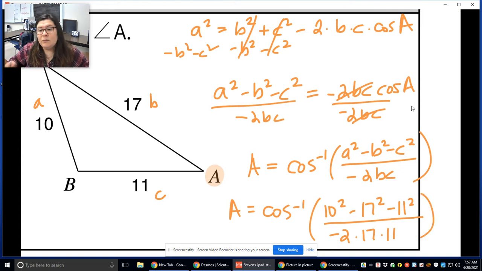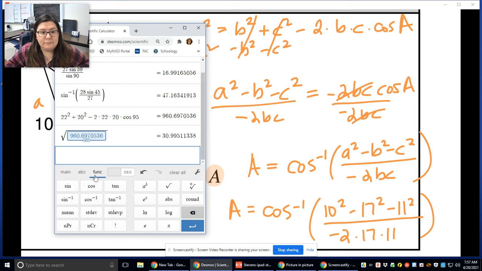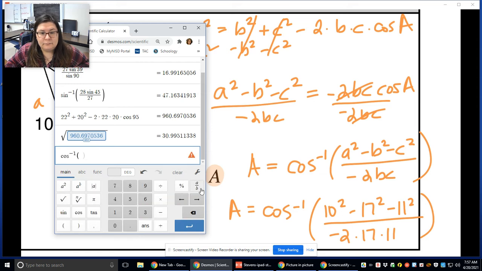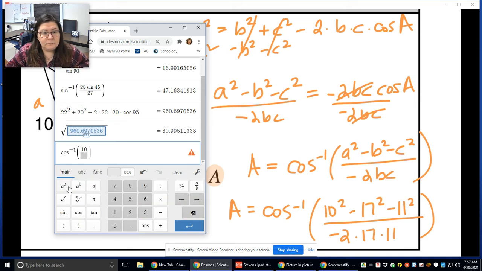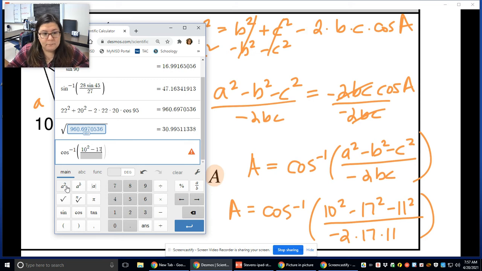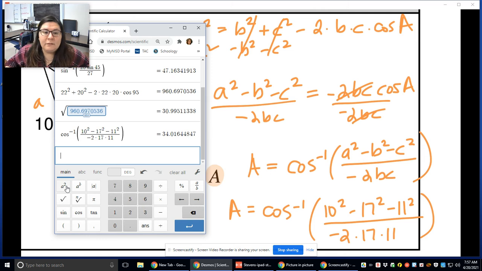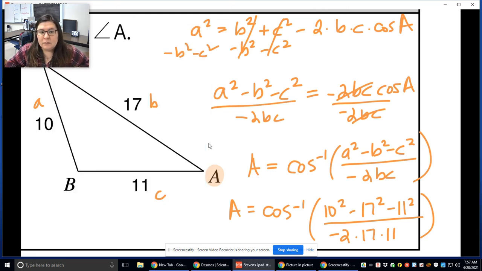So I'm going to type that whole thing into the calculator and let's see what we get. Okay, so there it is, 34.01, so just 34 is fine. Angle A is 34 degrees.